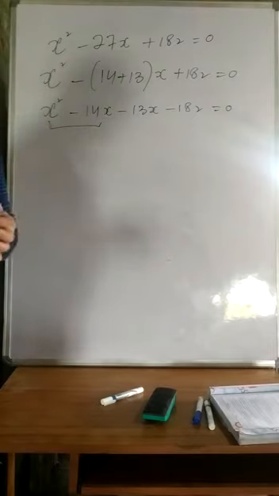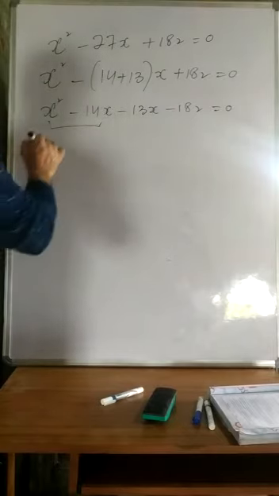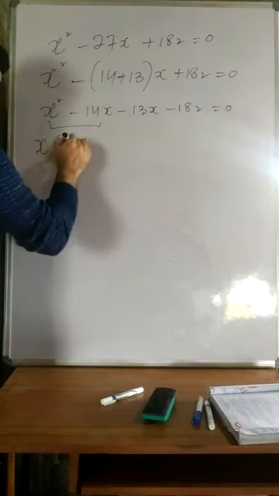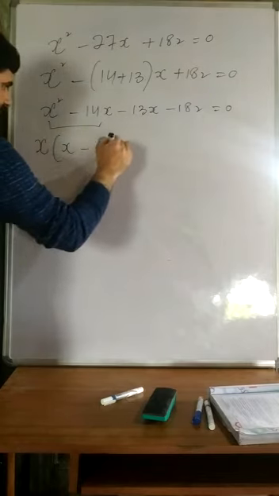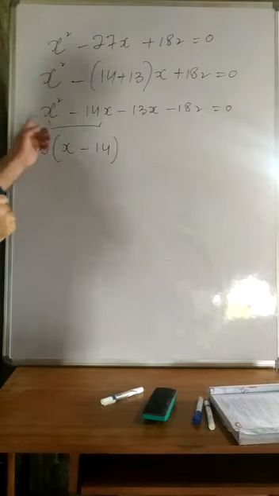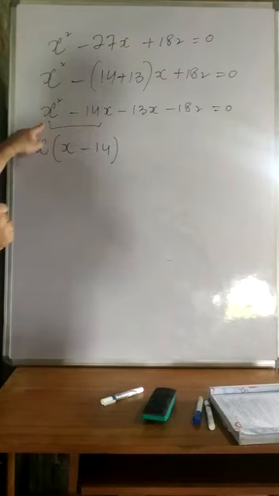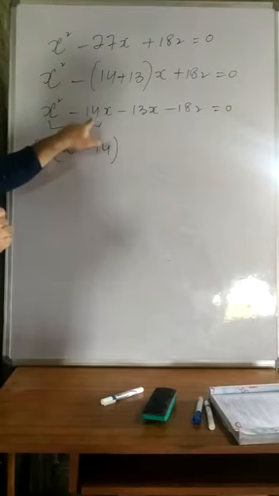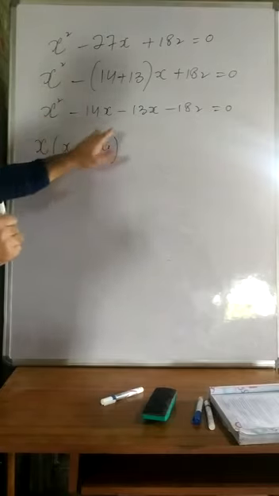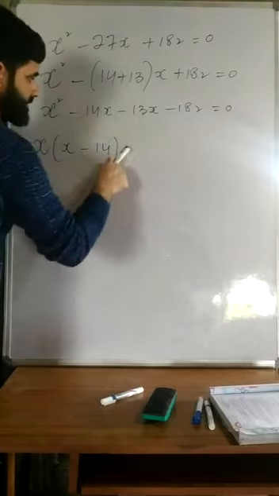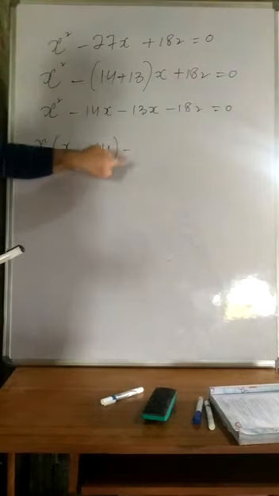These two terms have a common term, that is x. Here you can write x into x minus 14. Common x, this x and this x is common. Here x into x is x square, x into 14 is 14x. You have to write minus. Whether it is plus here, you have to write that. If it is minus here, you have to write it.